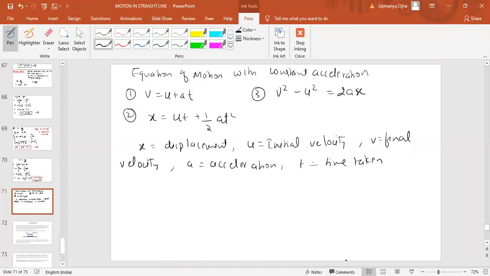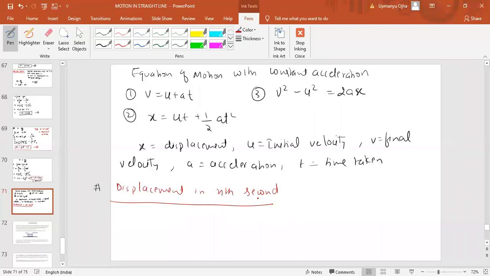Now one more concept is there, that is displacement in the nth second. Displacement in the nth second, you understand? Like if I ask you, if the particle is moving, what is the displacement of the particle in the first second, or second, or third second?